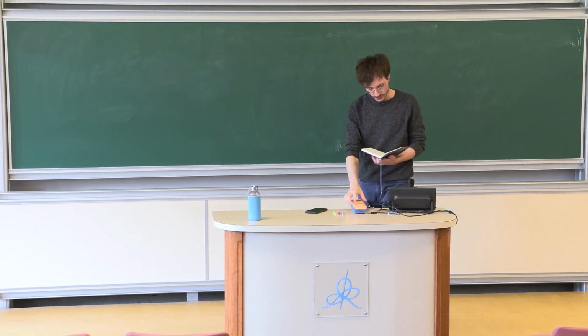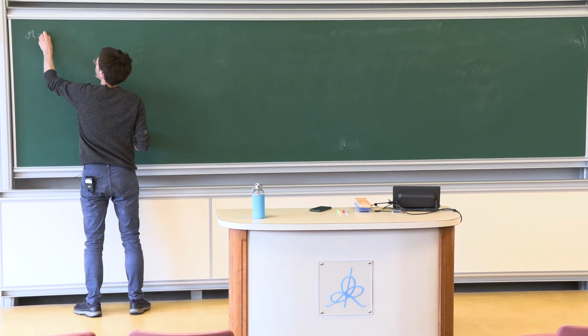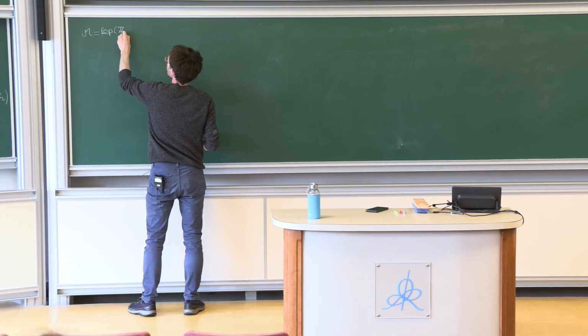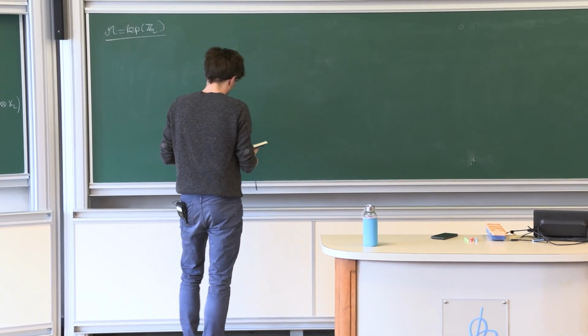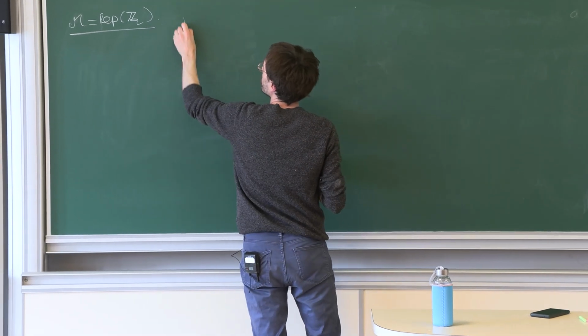Okay, so the second choice we're going to do is we're going to choose M to be the representations of the Z2 subgroup. Here the only thing I need, in order to work out the action, is to give you the restrictions.